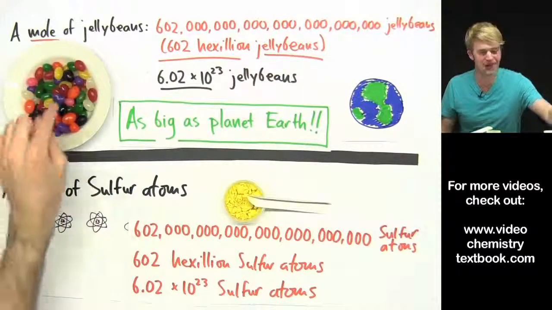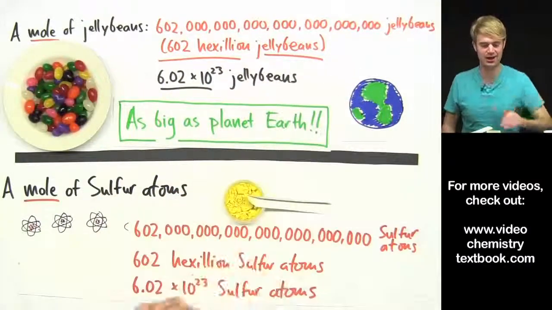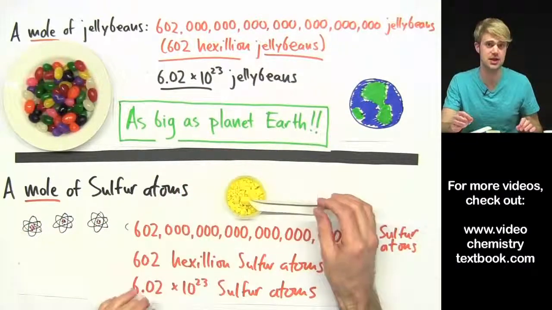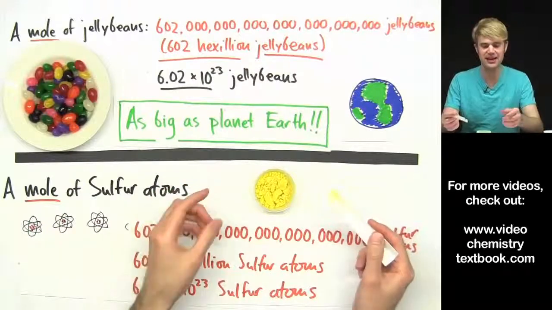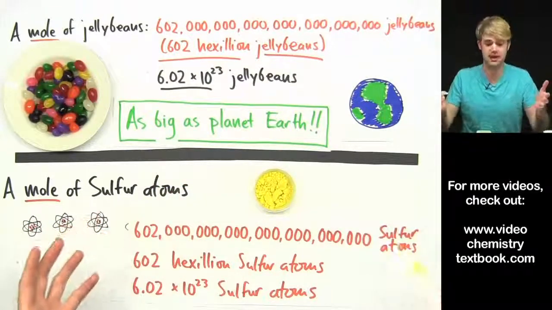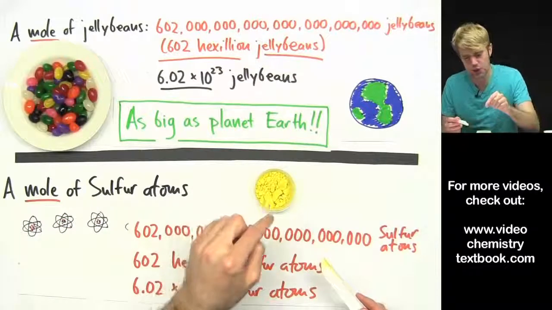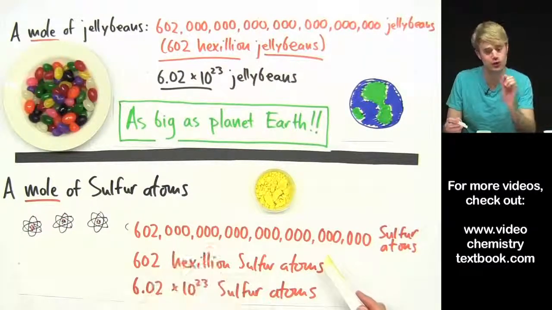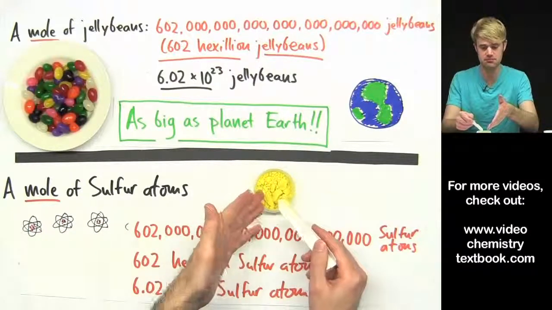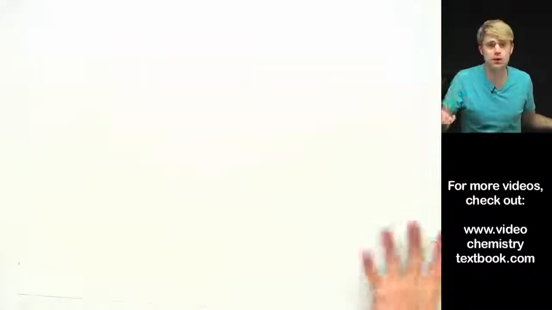Really, a mole of these is the size of planet Earth, but a mole of these little sulfur atoms can fit in this dish. So when we're dealing with something as tiny as atoms, a mole doesn't actually take up that much space because the things that we're dealing with are so incredibly small that a giant number of them just isn't that big.